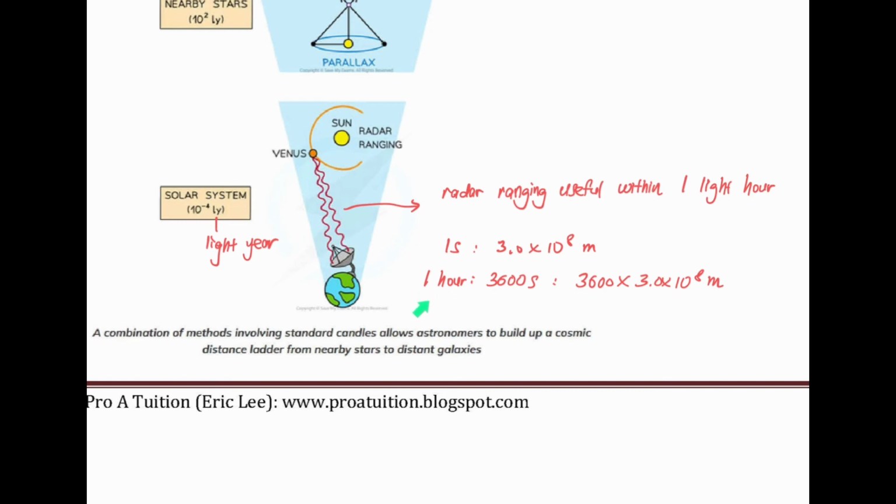In 1 day, you need to times 24: 24 times 3600 times 3.0 times 10 to the power of 8. Then in 1 year, you need to times 365: 365 times 24 times 3600 times 3.0 times 10 to the power of 8 meters. It's a very big value. That is 1 light year. Okay, so let's move on.